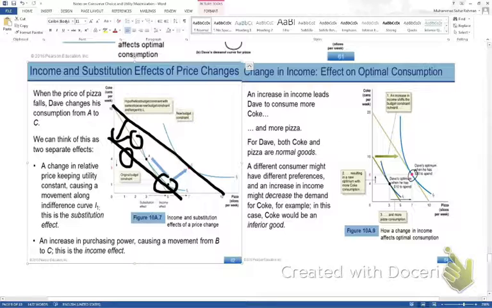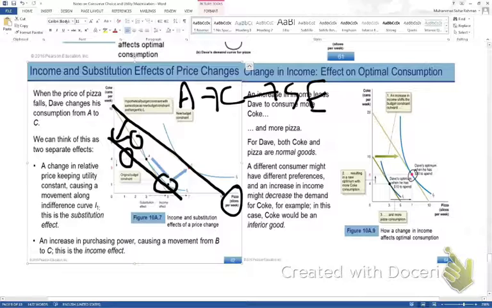The substitution effect tells you that if you were originally at point A and the price of the horizontal good has gone down, if I keep your purchasing power constant, you should buy more of the cheaper good, which you have done.